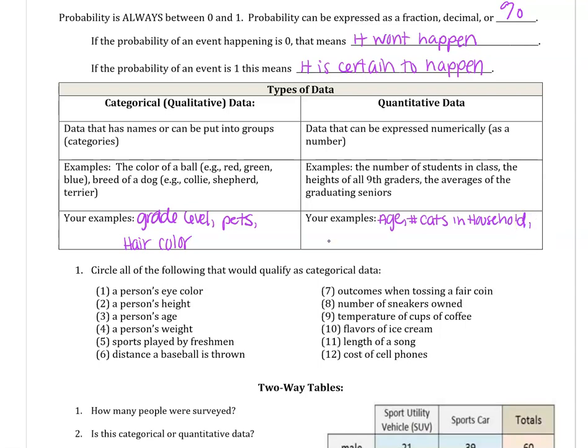Maybe it's the circumference of a tree. Or trees, plural, because maybe that's something you're studying, the circumference of trees in a backyard. These are things that are all described numerically.